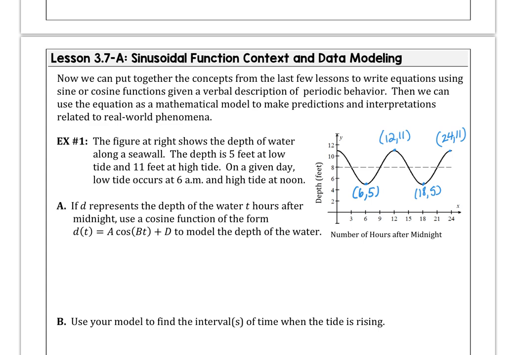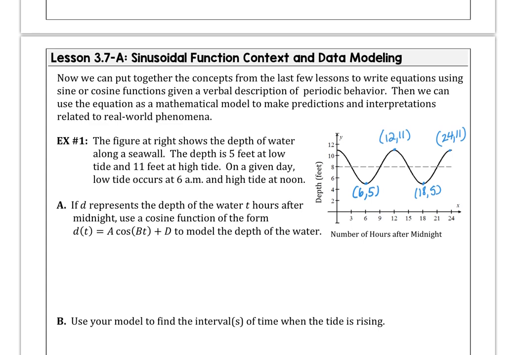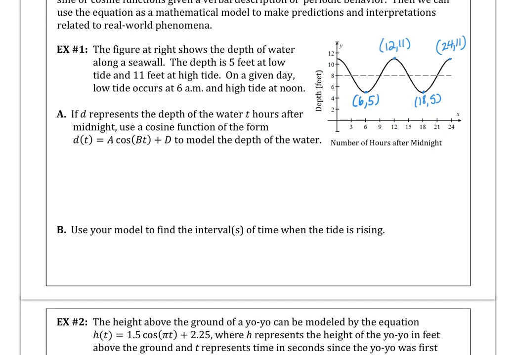So if D represents the depth of the water T hours after midnight, we want to use a cosine function in this standard form here to model the depth of the water. We can write that as D of T. The A value is our stretch or amplitude, so the A value is 3.